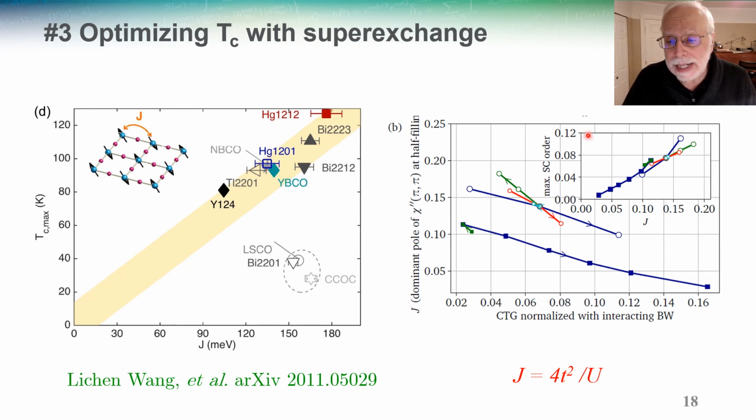Now, if you plot the maximum superconducting order parameter as a function of superexchange, you see that both the ionic and covalent class of models show very good correlations between the maximum superconducting order parameter and superexchange. And this is what neutron scattering reveals as well. If you look at the maximum TC as a function of superexchange, you see that there's a nice, very nice correlation.